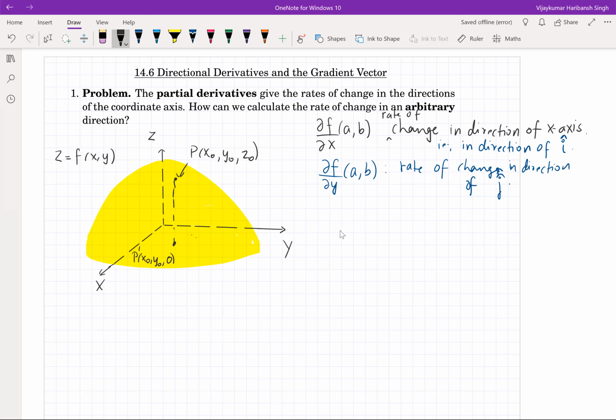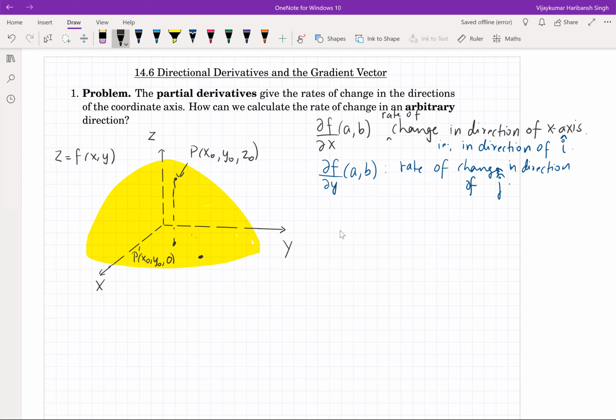Now, instead of going in this direction, where you got the partial derivative with respect to y, or instead of going in the direction of the x-axis, we will now take an arbitrary direction. So this is our point (x naught, y naught, 0), and we'll take any other point here, and we want to go in this direction.